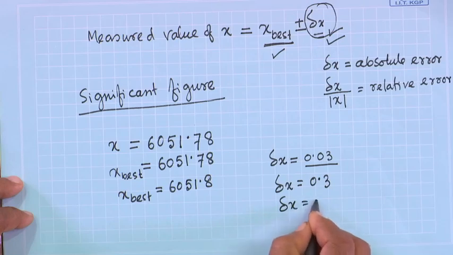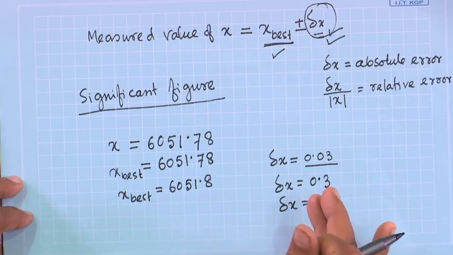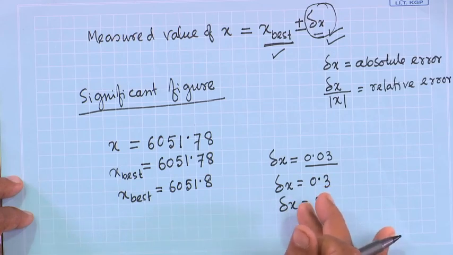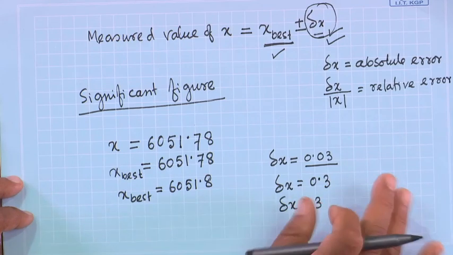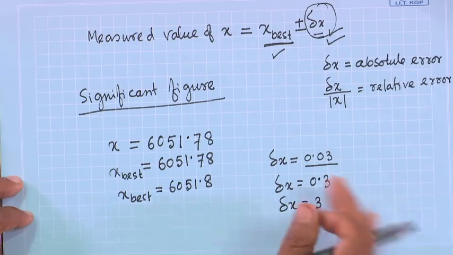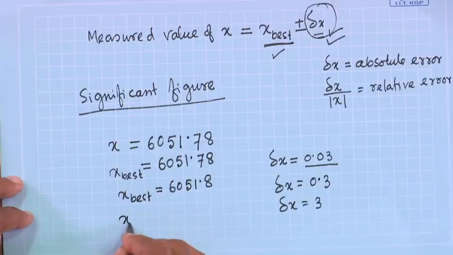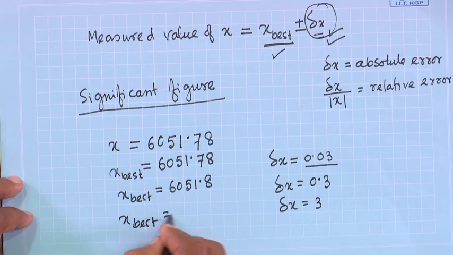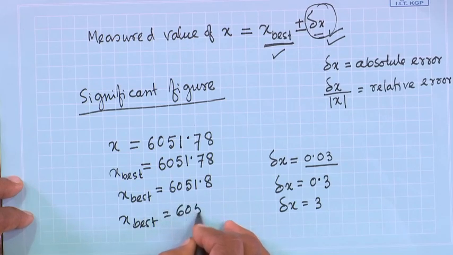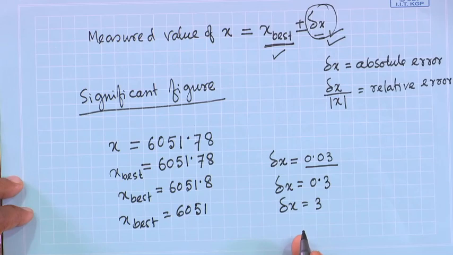If delta x equal to 3, then you see there is no accuracy after the decimal point. You cannot claim the accuracy up to the decimal point. So, in this case x best you have to keep 6051. Okay.